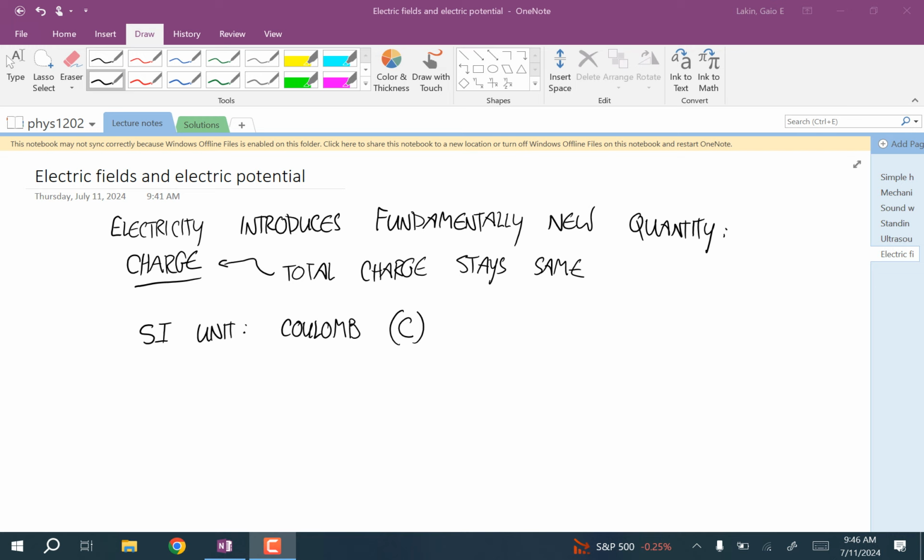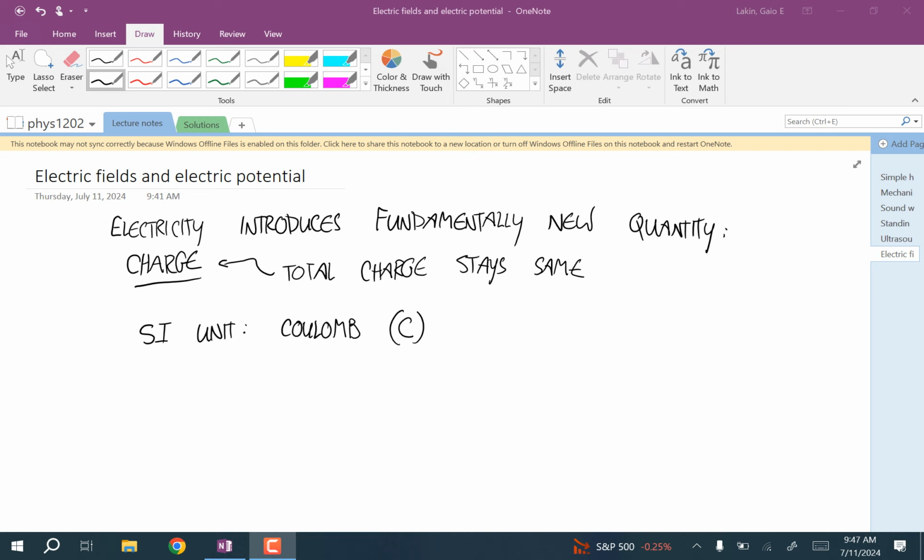And one thing about this unit of coulombs, it's a very big unit compared to our sort of experience with electricity. To get a sense of how big a coulomb is, you probably know that opposite charges attract each other, like charges repel each other.